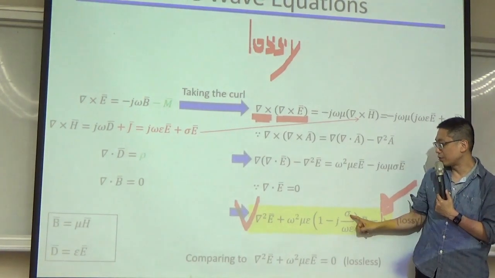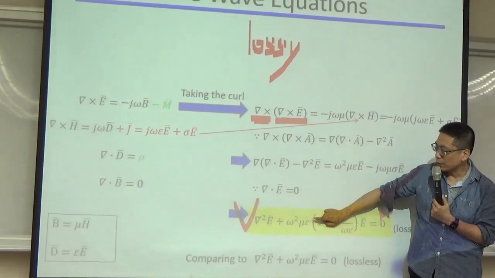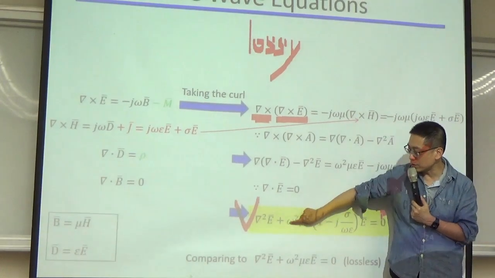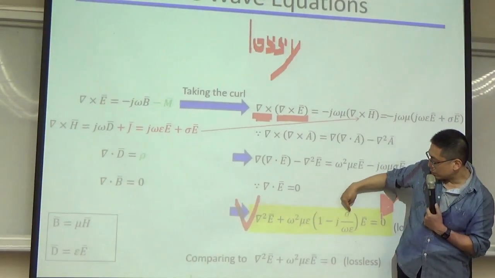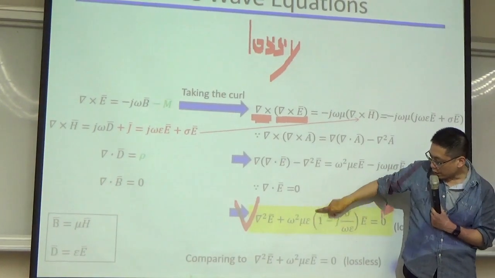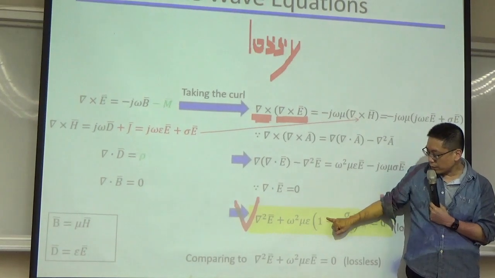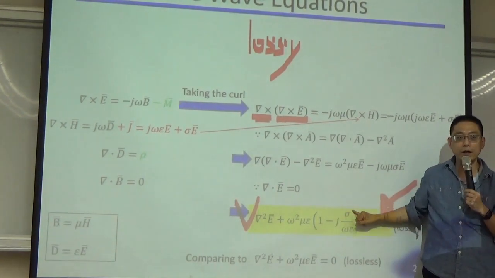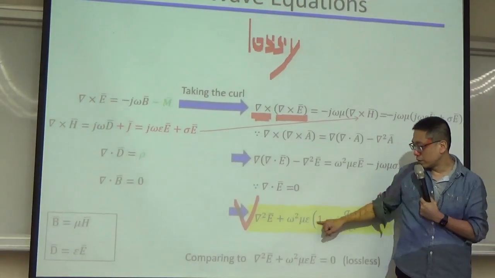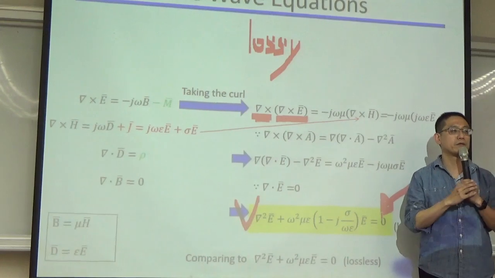So you have this term. If this is 0, you don't have this term, and you multiply by 1, and this equals k squared. So this is new, and this is a real part and this is an imaginary part, so you will deal with a complex number.